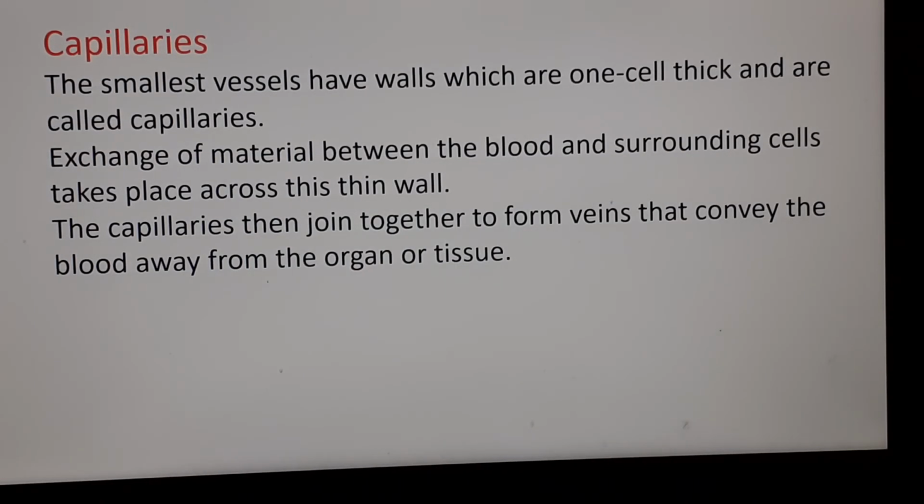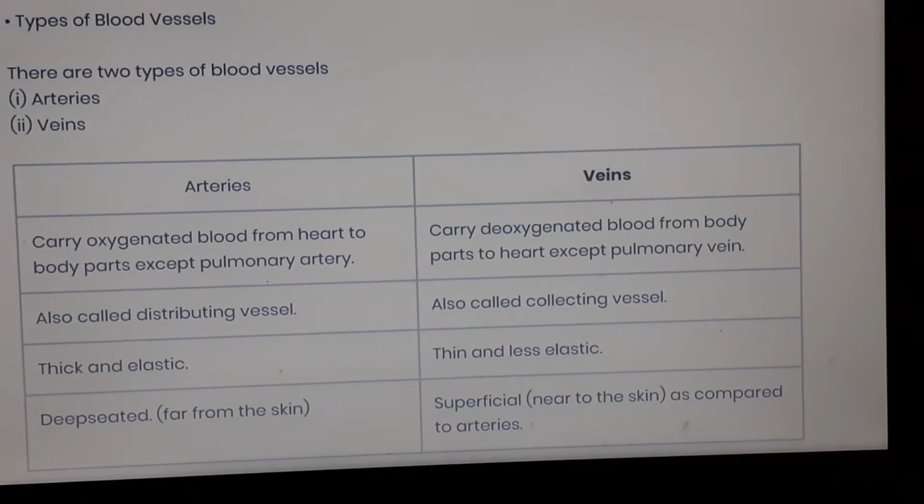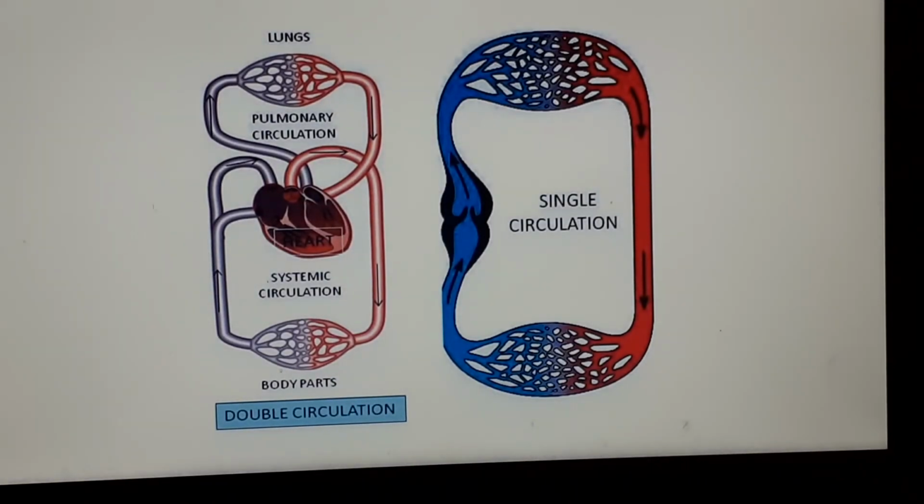Next one, capillaries. What is said to be capillaries? The smallest vessels, which have walls one cell thick, are called capillaries. I told that in this double circulation, I showed the diagram. Okay, these are the capillaries. See here, the pure blood mixes here and we are getting it.